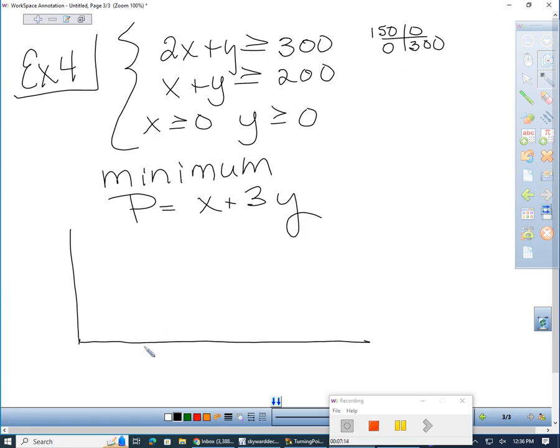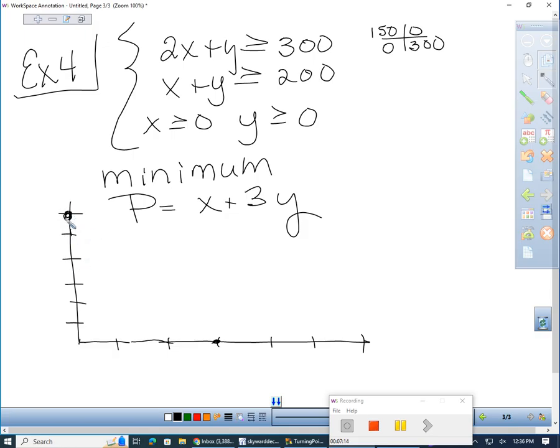All right, so I'm going to go, there's 50, 100, 150, 200, 250, 300. So I have 150, 0, so right here. Nope, wait, sorry, right here. My bad. I went by 50s. And on this side, let's go 50, 100, 150, 200, 250, 300.